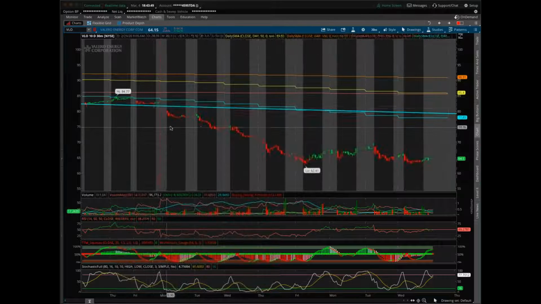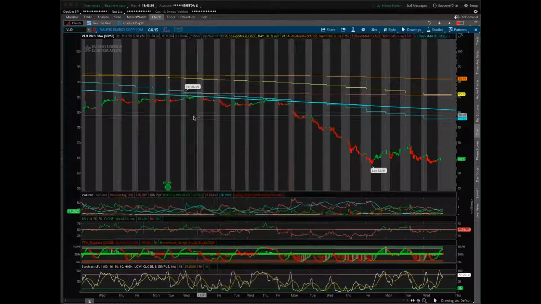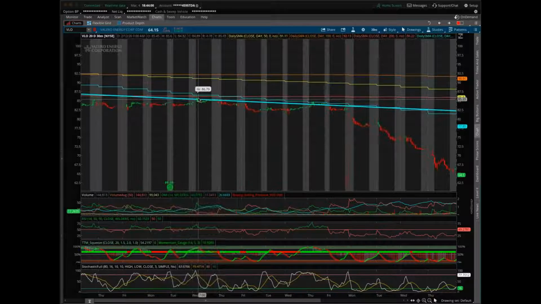So that's why it's beneficial for us. Let's say here, it hit our 200-day and our 20-day, and then sold off, and then came back, hit our 20-day again, and sold off.